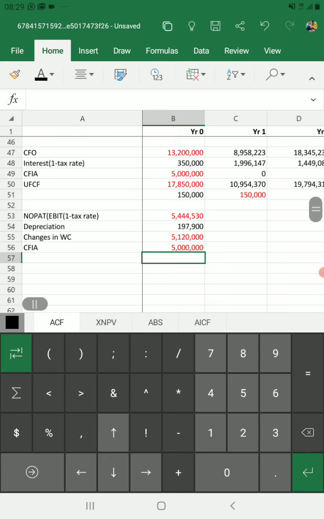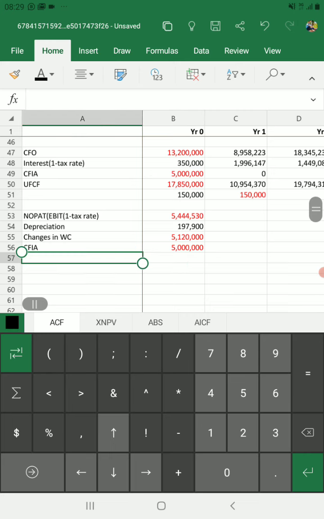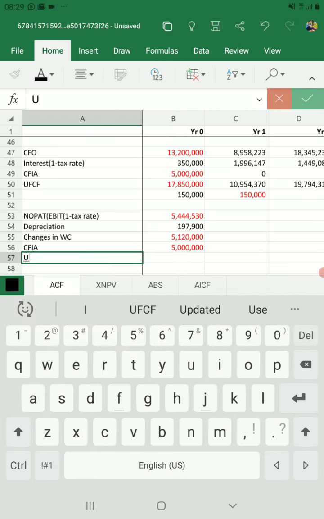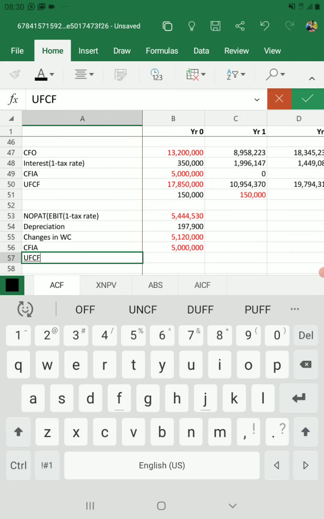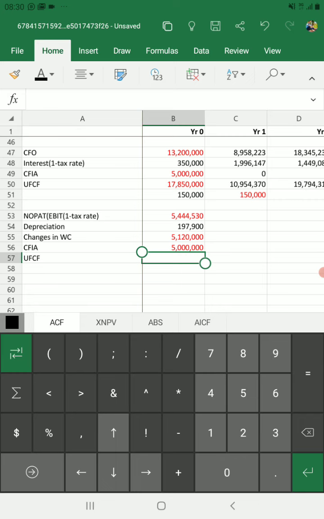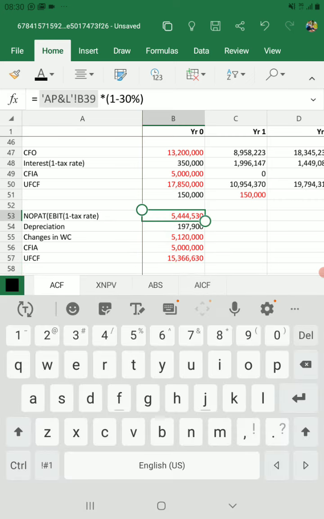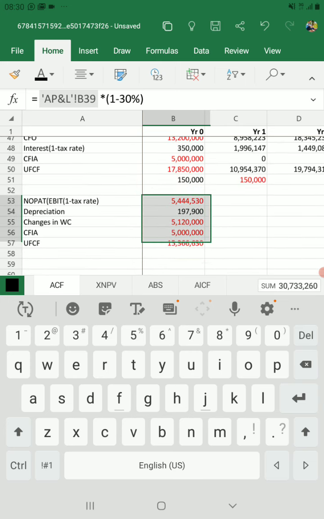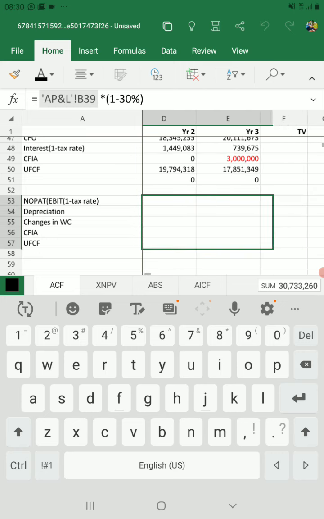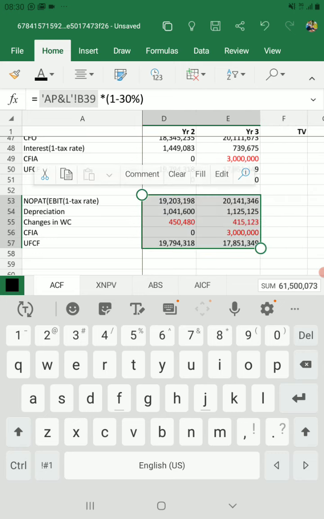Now we have our unlevered free cash flow, which is just the summation of the above. So I can select all of this up to here, and then fill this to the end of our projection period, that is the 3rd year.